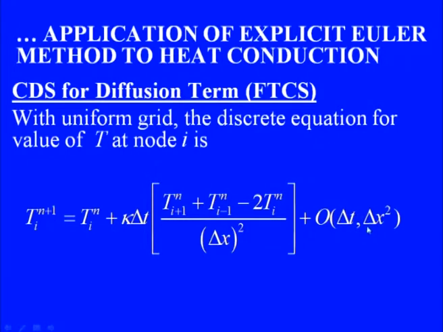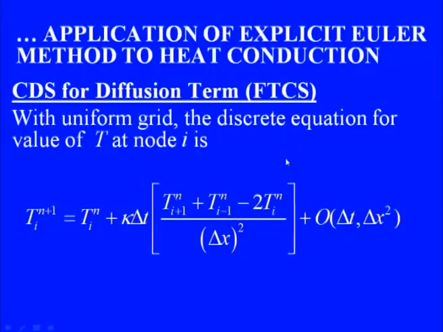Its truncation error would be first order because we have used the forward Euler method, which is first order accurate in time. We have used a central difference approximation in space, so the truncation error in space would be of the order delta x squared. So this FTCS scheme is first order accurate in time and second order accurate in space.